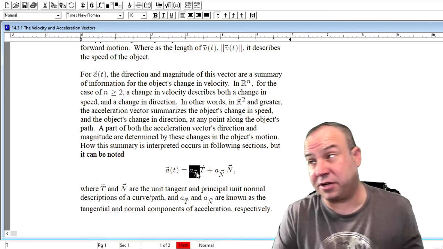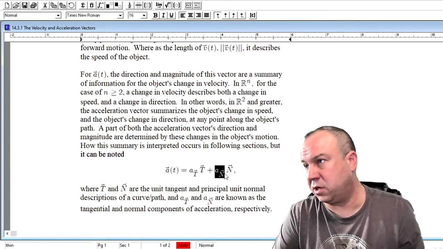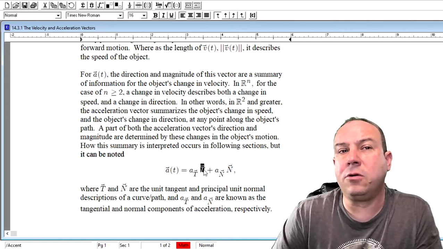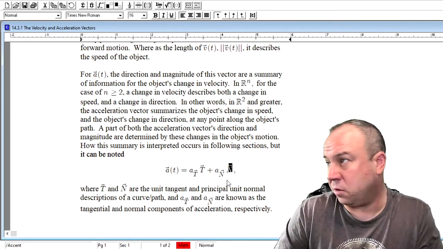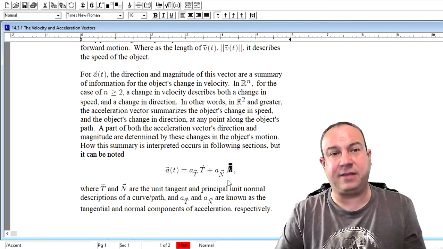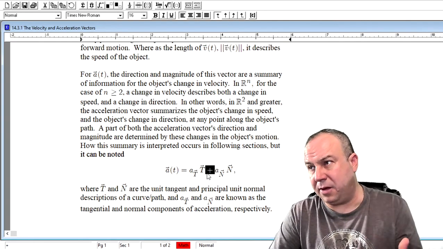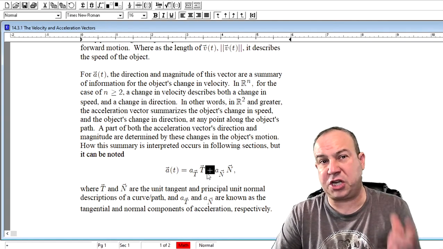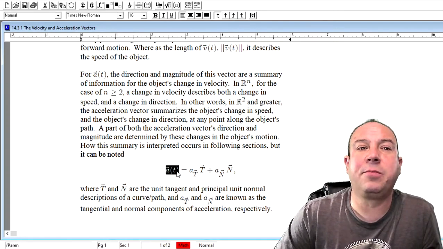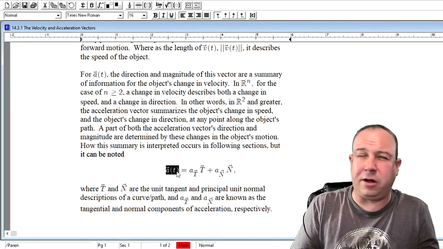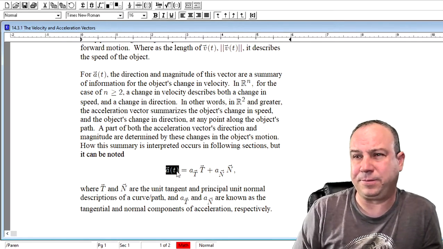This is the tangential component of acceleration. This is going to become known as the normal component of acceleration. Those components of acceleration will scale these tangent and normal vectors to a particular length. And then by summing them, we produce the sum of those two descriptions of change, tangentially and normally, to produce an overall description of acceleration given by the acceleration vector.